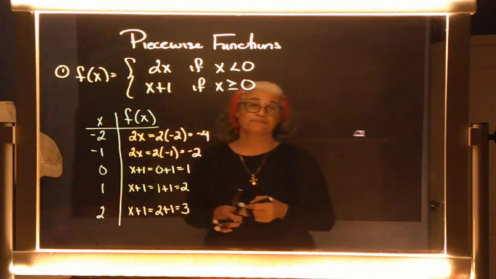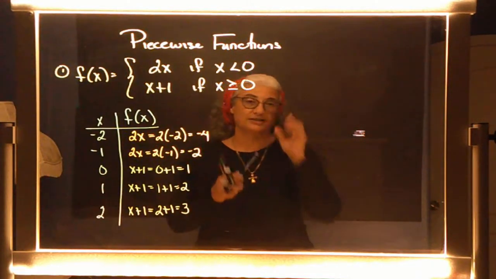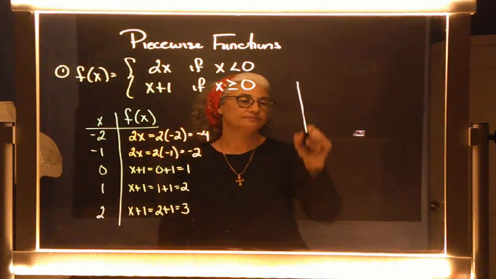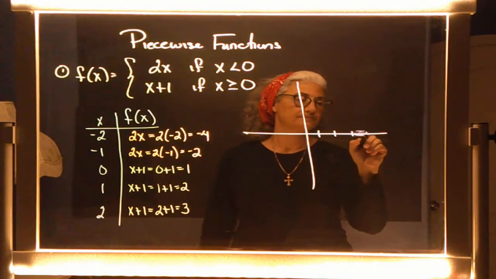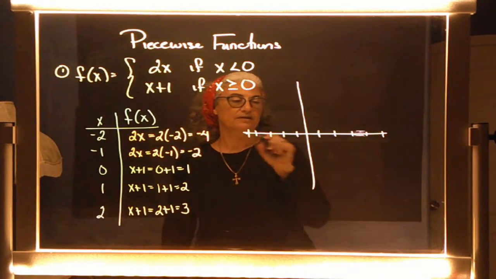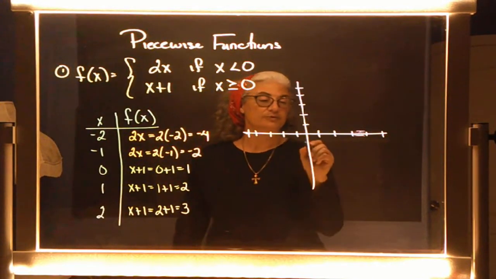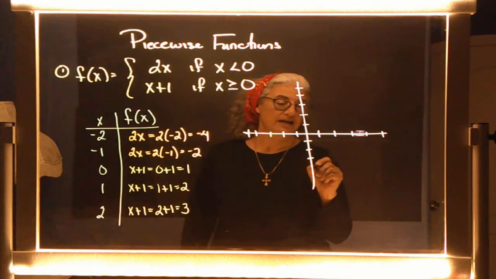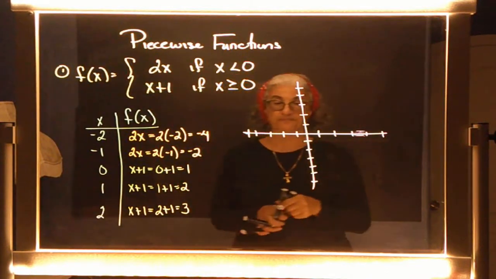So, with me? Okay. So now let's graph this. Let's see what this looks like, shall we? Now, the first number we plugged in was -2, and when we plugged in -2, we got -4, didn't we?